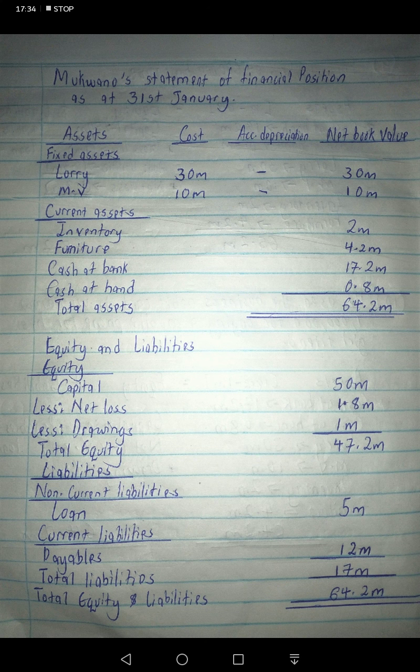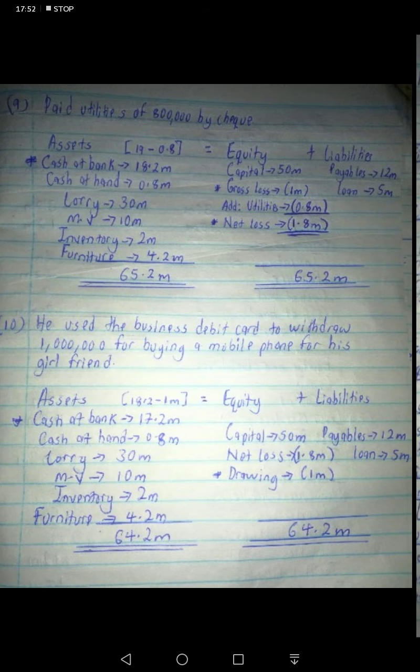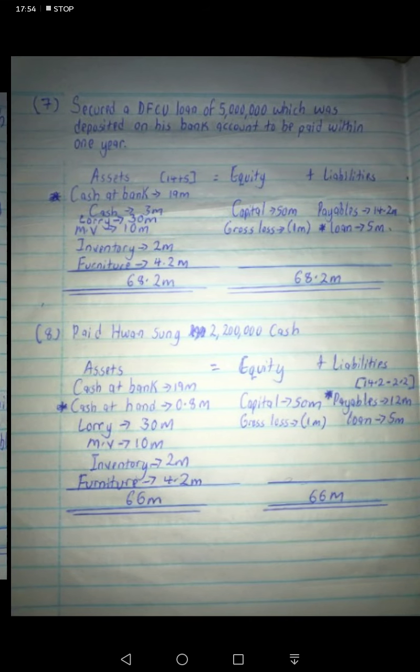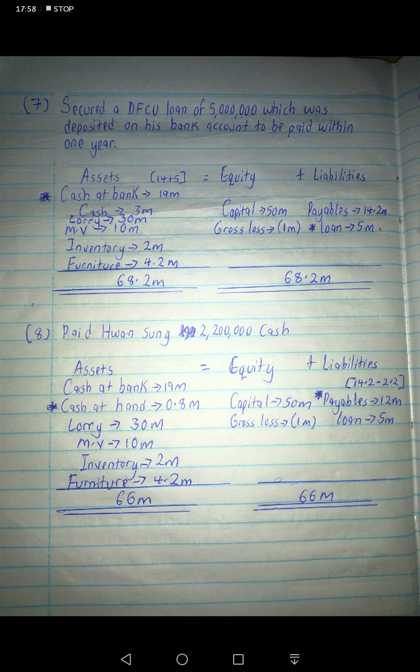I think I made a mistake. This shouldn't have been a non-current liability, as if it was to be paid in the long run, it would have been non-current. But they're saying it's to be paid within a period of 1 year. You get to remember that.